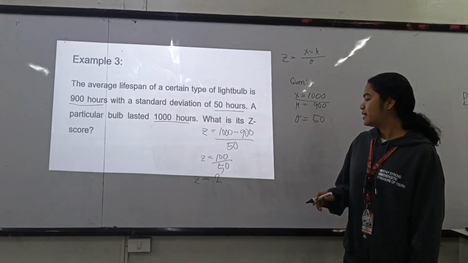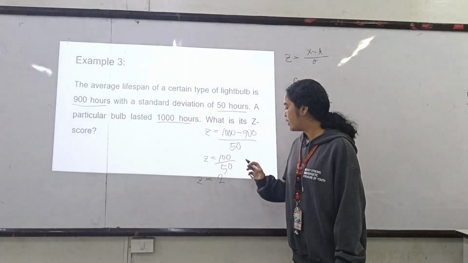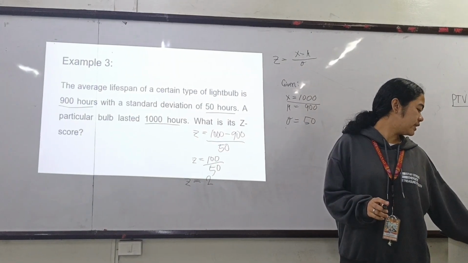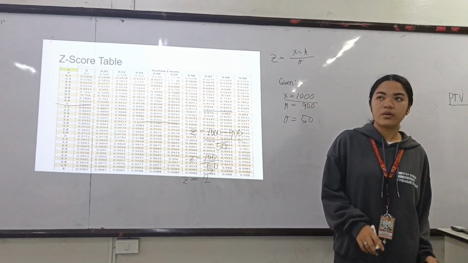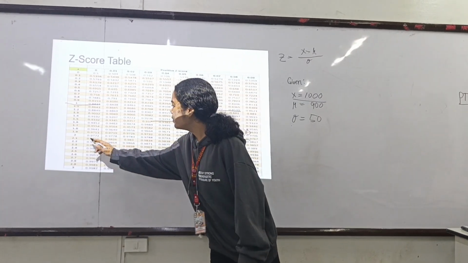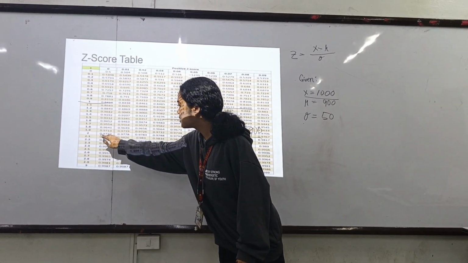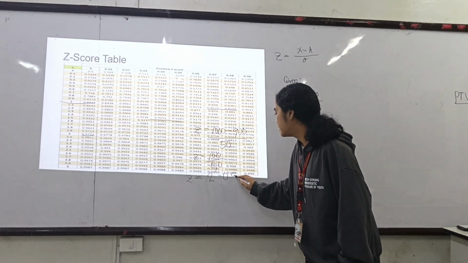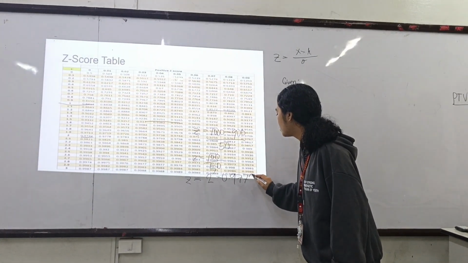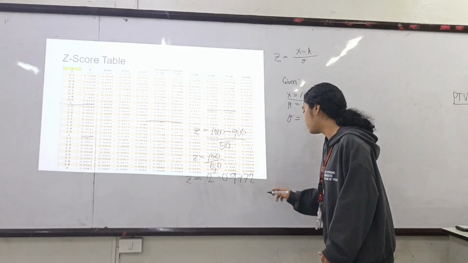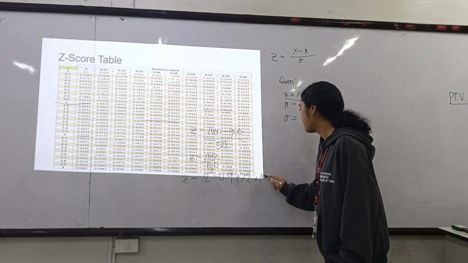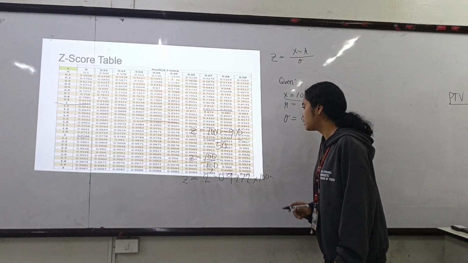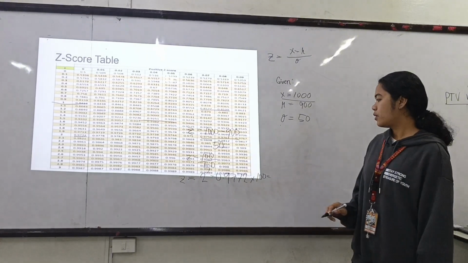So now, let's find the value of 2 in the z-score table. So the value of 2 is equal to 0.9772. We need to multiply it by 100 to get the percentage of the z-score.